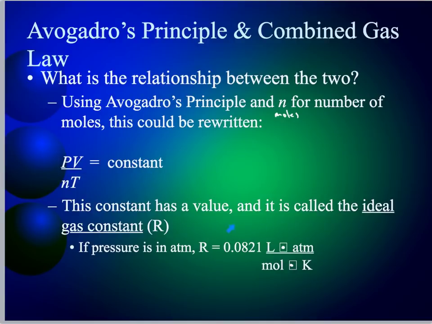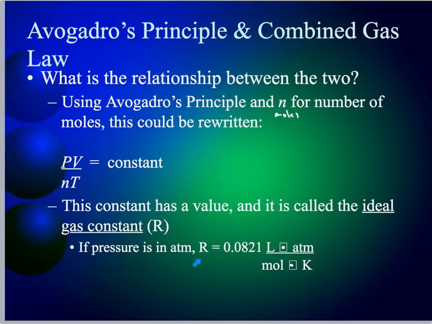This constant has a value, and it's called the ideal gas constant, R. It's a capital R. And that value is always the same. No matter what, this is really remarkable, of all things considered in nature, that the pressure times the volume of something divided by the number of moles times the temperature always gives us the same number. Kind of remarkable.